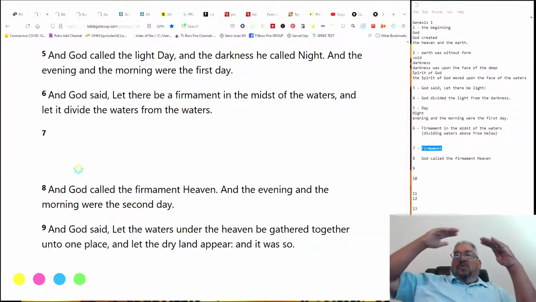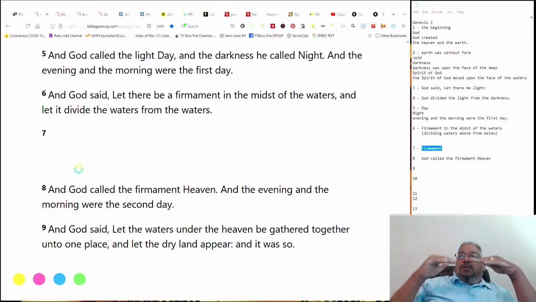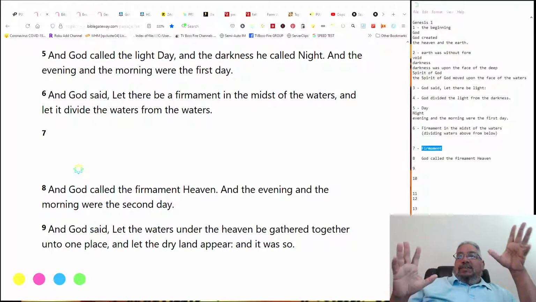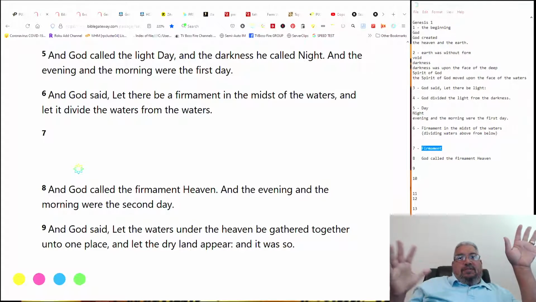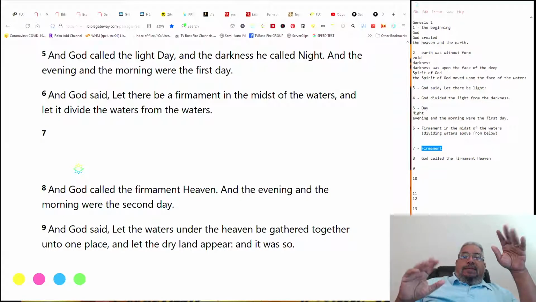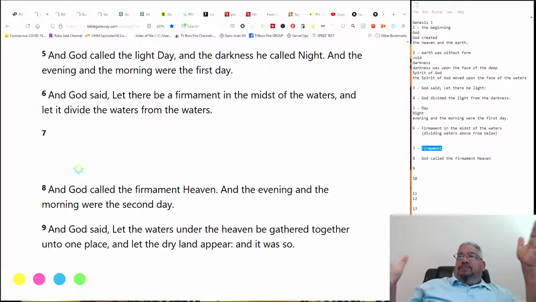So there were waters above, water below, and we're not giving a state. Also, some people look at it and say water is water, but water could be frozen, it could be vaporized, right? Steam, vapor, as a gas. The Bible says water, and there's water in 3 different states.